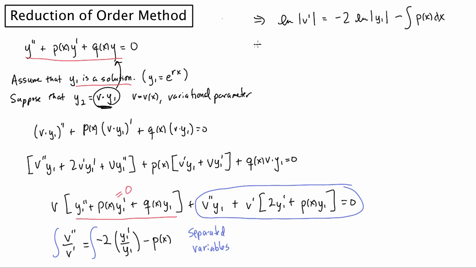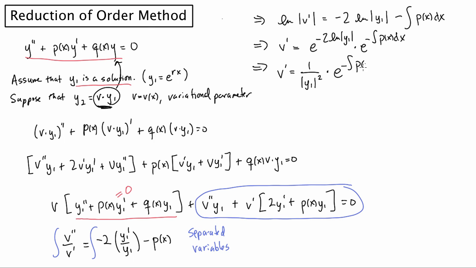If I take the exponential of both sides, I get v prime equals e to the negative 2 ln y1 times e to the negative integral p of x dx. Where have we seen that before? And so v prime is equal to 1 over the absolute value of y1 quantity squared times e to the integral p of x dx.